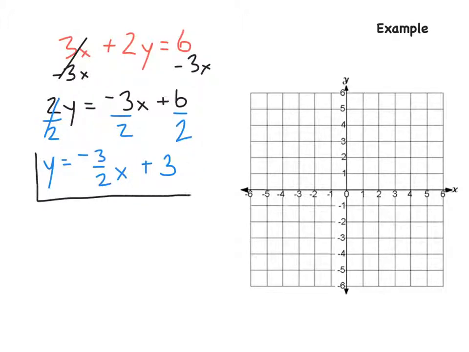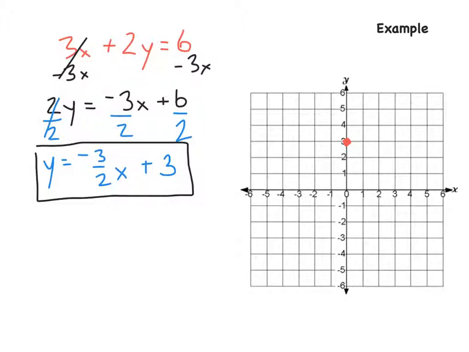So now we have our equation. Y is equal to negative 3 over 2, or 3 halves, x plus 3. So we got y alone. Next step is to start with b. So b in this equation is 3. So start with 3 at 0 comma 3 on the y-intercept. Now move with m. Remember, that's where our slope is. So think of this as a negative 3.